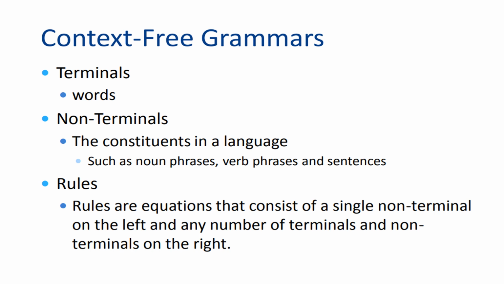Non-terminals come from combining the words: words can be noun, verb, or preposition. Once we combine noun and verb, this gives me a noun phrase. So these are my non-terminals, and terminals are the words.